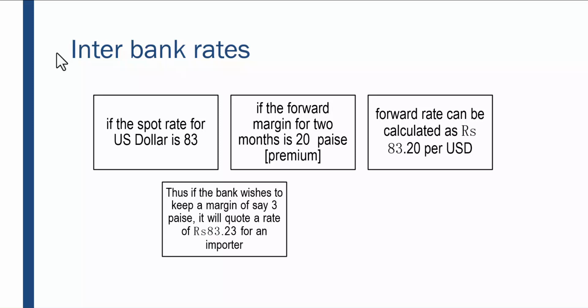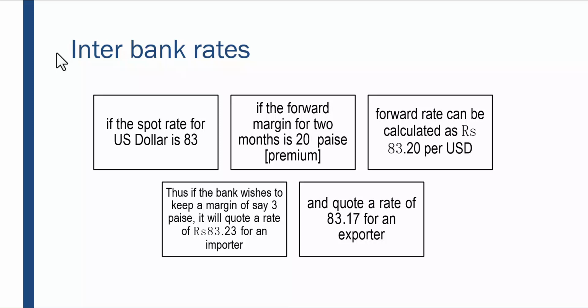If the bank wishes to keep a margin of 3 paisa, it will quote a rate of 83.23 for an importer. If an importer comes and asks what the rate is, the bank says 83.23. They are going to buy the dollar at 83.20, and will give the rate of 83.23 to the importer, making a margin.